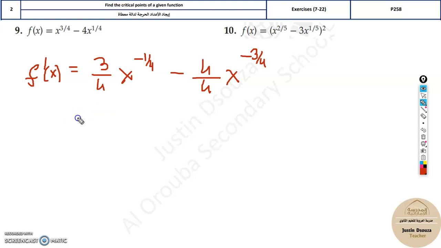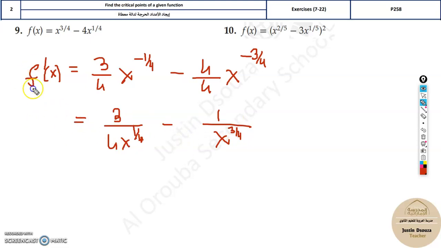So what happens over here will be 3 divided by 4x to the power positive 1 by 4. I hope this is clear. And minus 4 by 4 is 1, and it'll be in the denominator, 1 by x to the power 3/4. All I did is I made the powers positive.